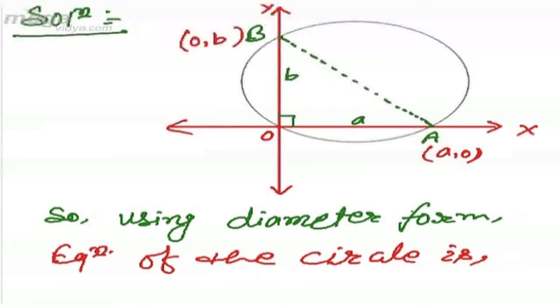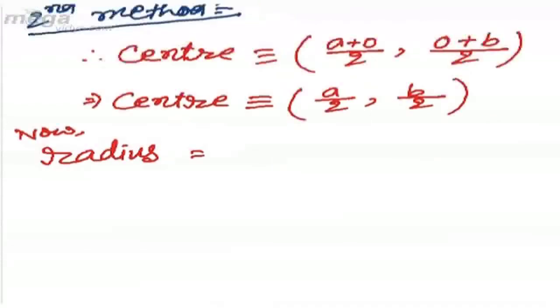Now we'll find it using the Pythagoras theorem or by using the distance formula. Whatever you want to use, you can use it. You can find AB and then halve it. So the radius is half AB.